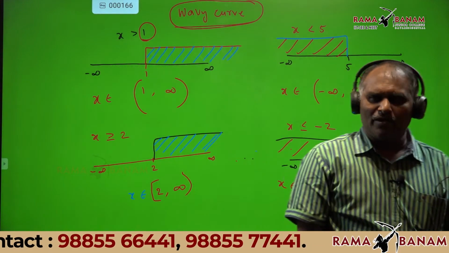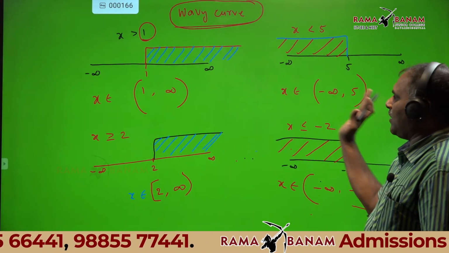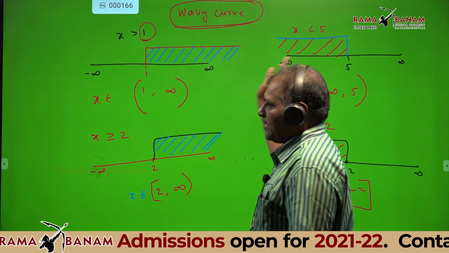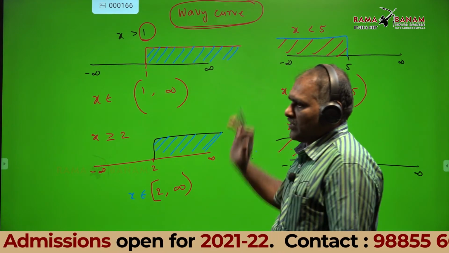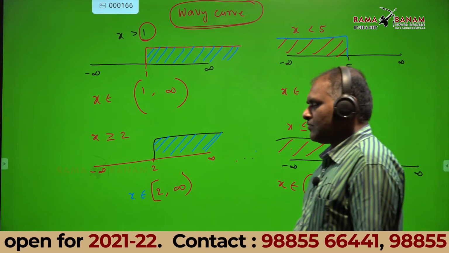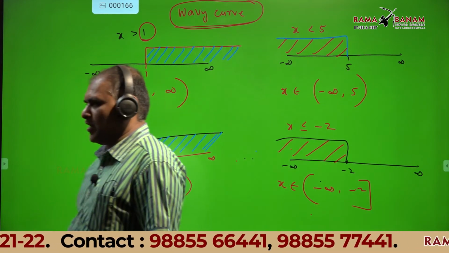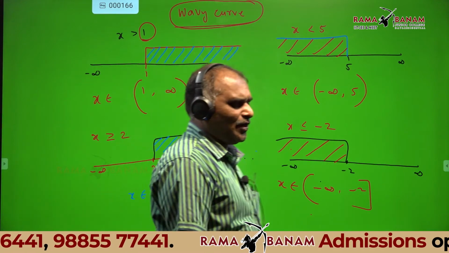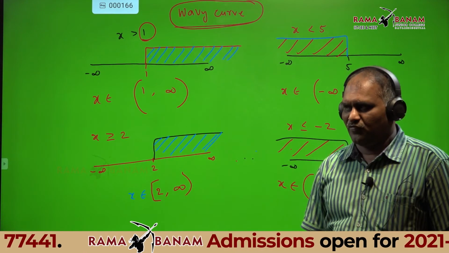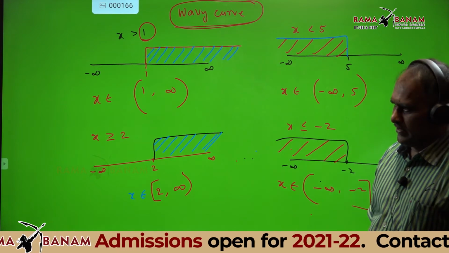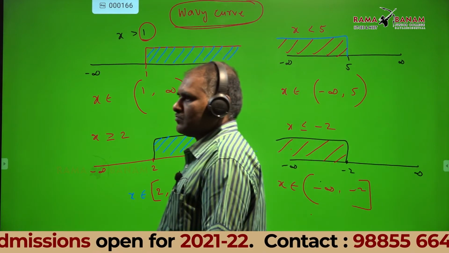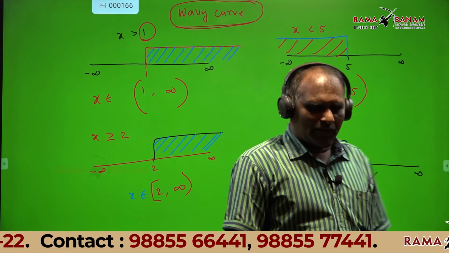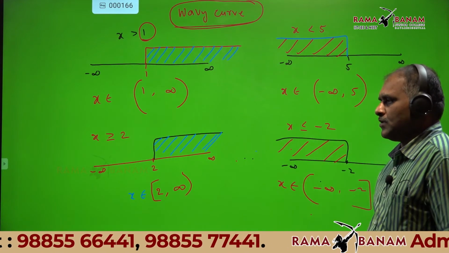The curve can be drawn either from the left-hand side or the right-hand side. But when there are more values, you can draw the ups and downs. I will explain in the next one. First copy this. Completed, sir? Yes, sir.